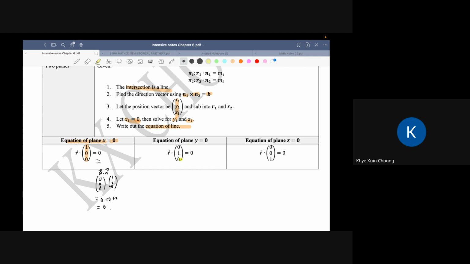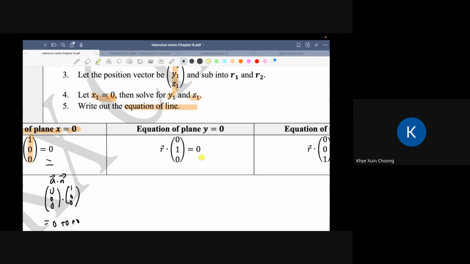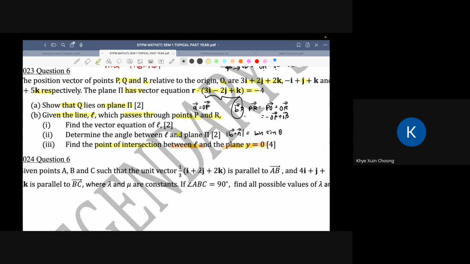For y equals 0, it should be r dot (0, 1, 0) equals 0. So if you have the equation and the line, you just do it the normal way: sub the equation of the line into the plane, solve for the lambda value, then sub back into the equation of the line to get the point of intersection.